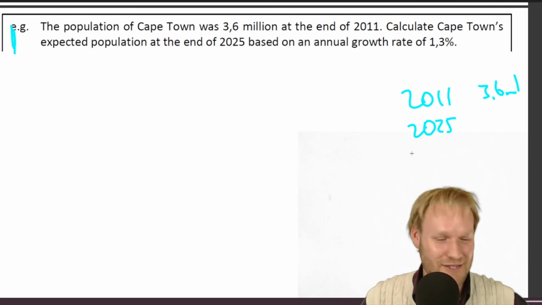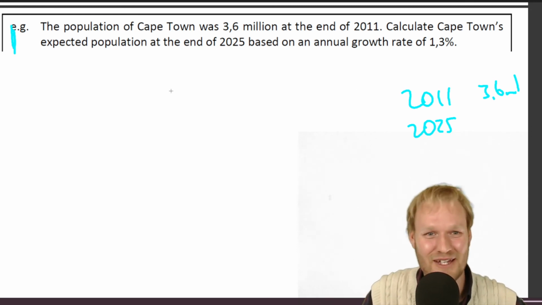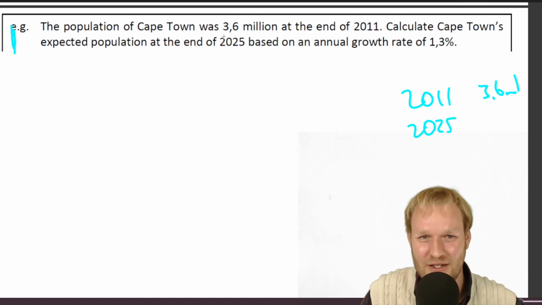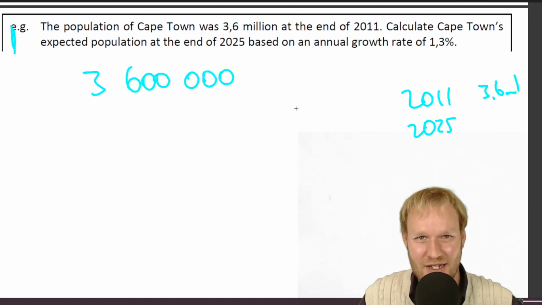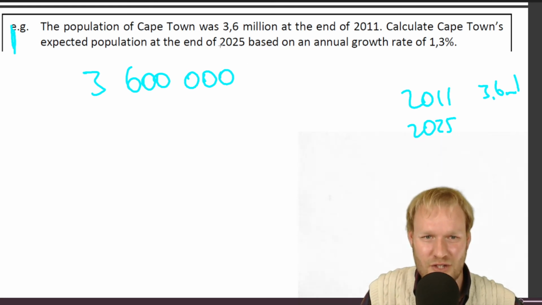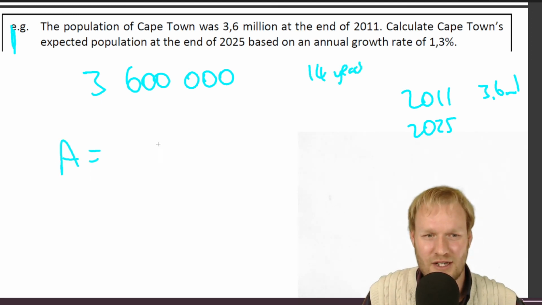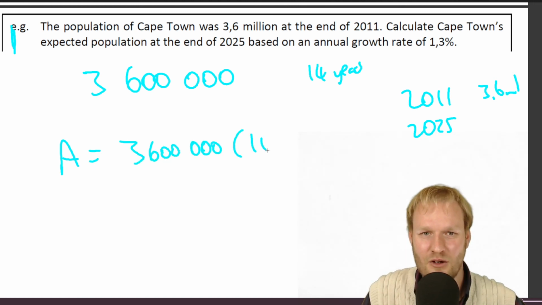So for this one, the real thing here is this 3.6 million. That's how you write it down. From 2011 to the end of 2025, we have to think that it's 14 years. So what this is going to accrue to is our 3.6 million times 1 plus 0.013.